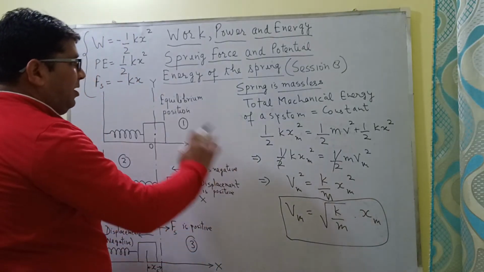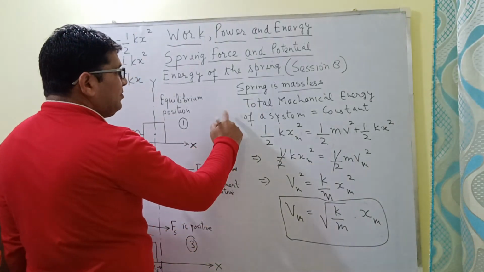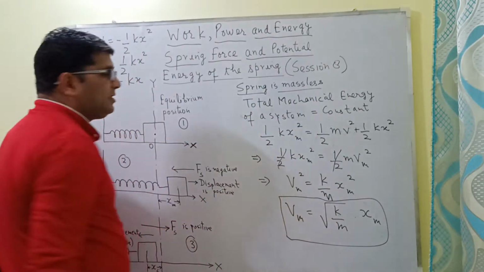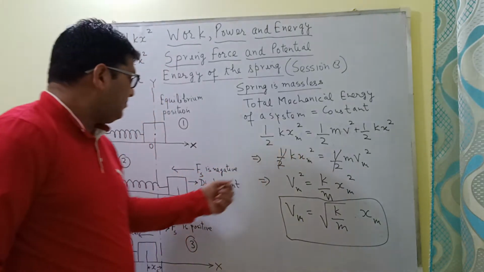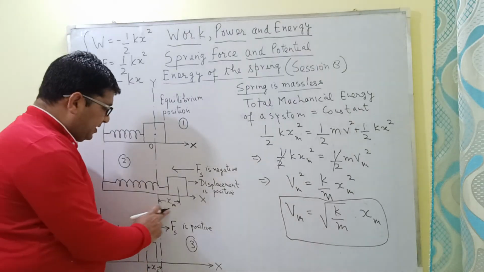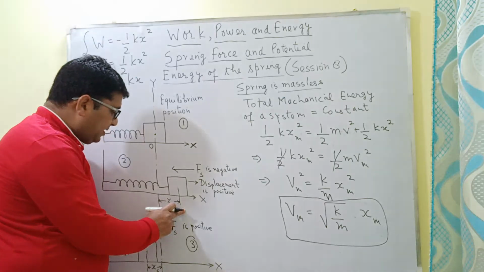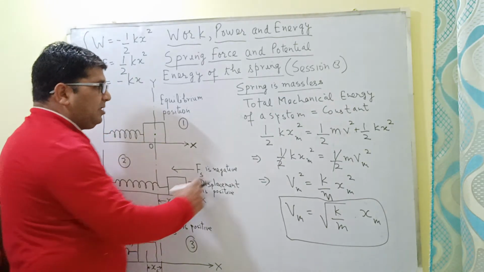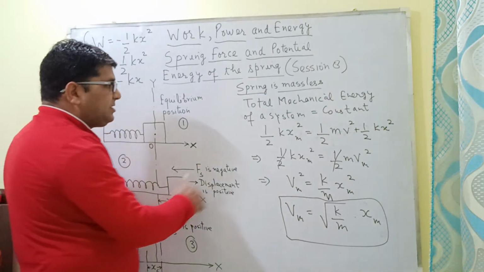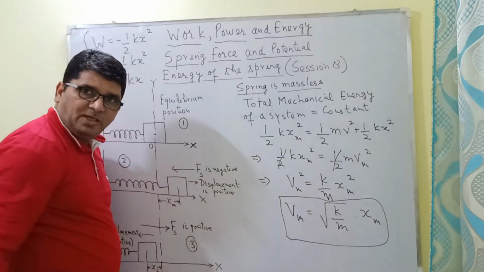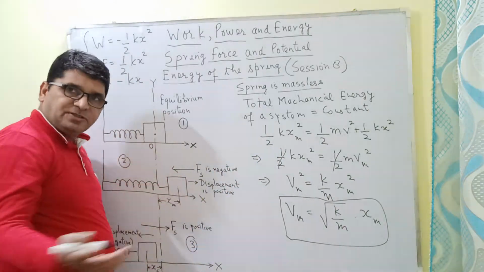The most important thing here is that the total mechanical energy of a system is constant. Based on this, I have written this formula. When the block is displaced by a displacement xm, it will have the potential energy given by half k xm square, because here the kinetic energy is 0.